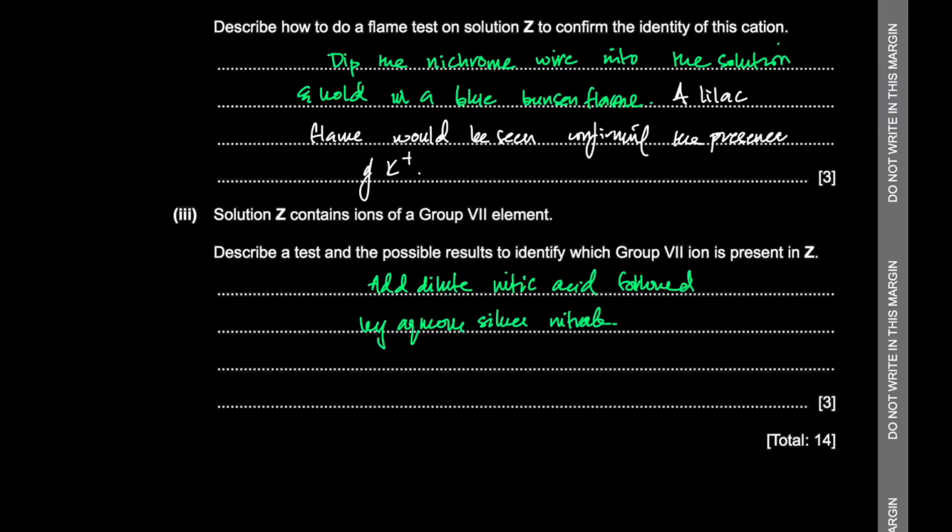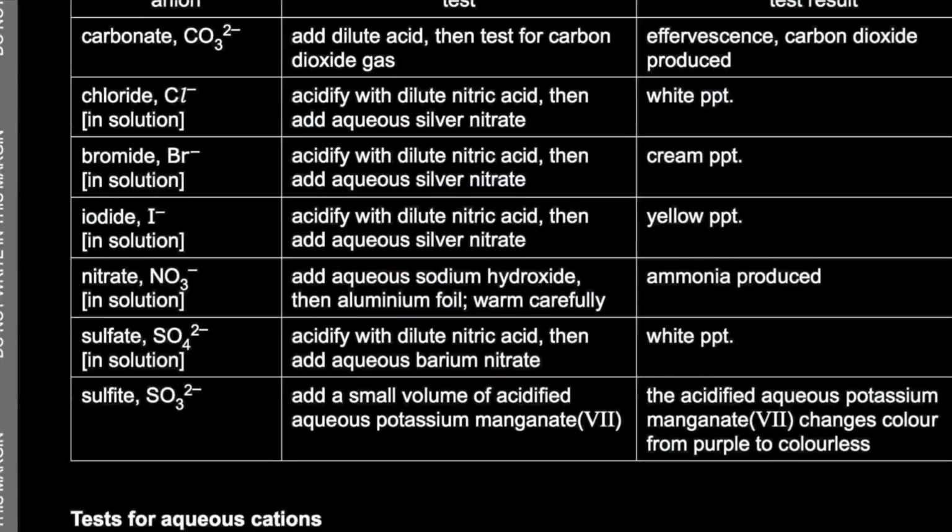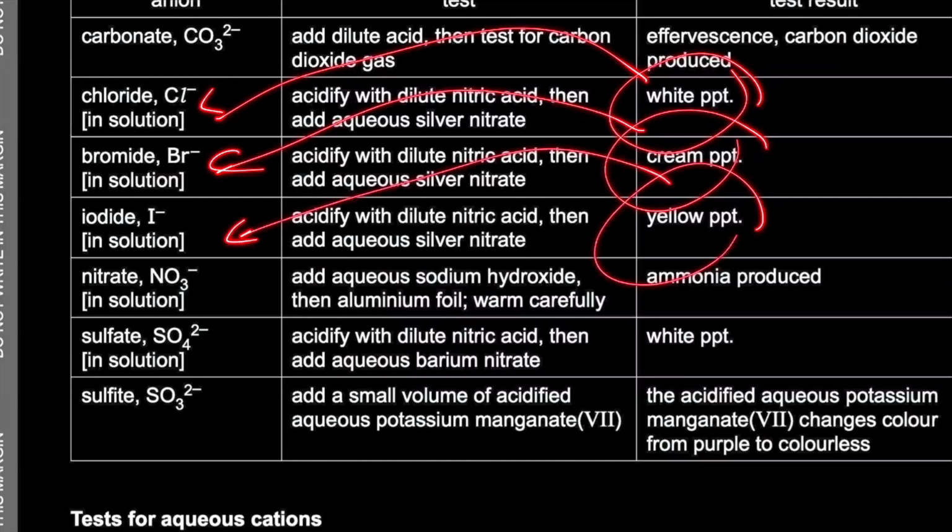And then the observations, it says we have to describe the possible results. Possible results mean any of the possibilities. You would see a white, cream, or yellow precipitate, right? Which would confirm if it was white, it would be chloride. If it was cream, then it would have been bromide. And if it was yellow, it would have been iodide.